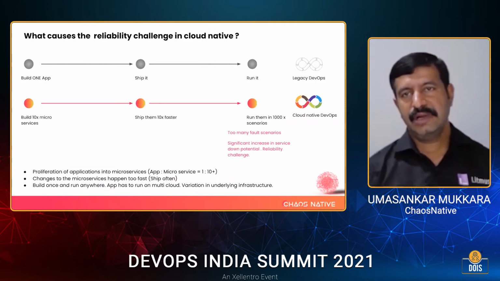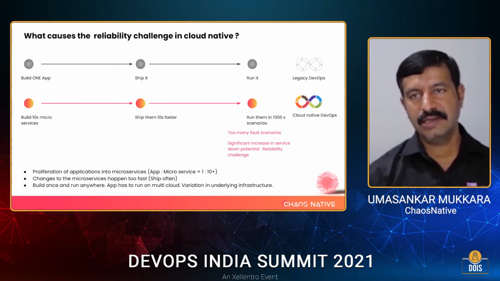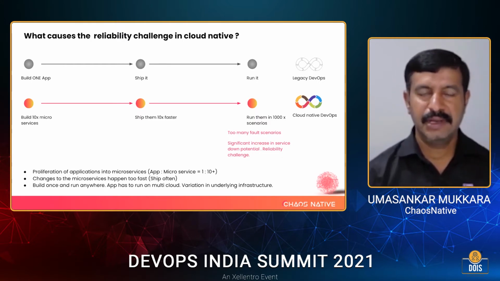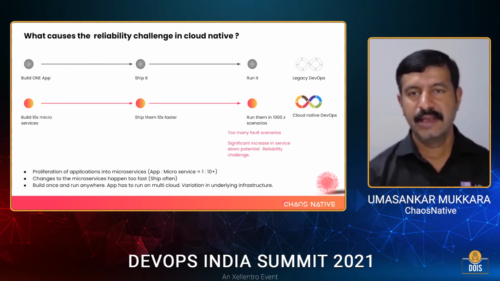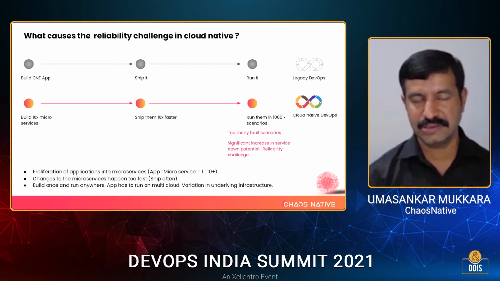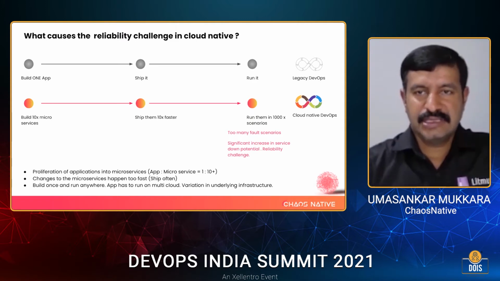To summarize the reliability change, earlier you build it, you ship it, and you run it. That's what legacy DevOps is. But in cloud native DevOps, you build, you ship them 10 times faster, and you're running them in 1,000 different scenarios. So your code runs in many different places, many different underlying infrastructures, either cloud platforms, on-prem systems, etc.